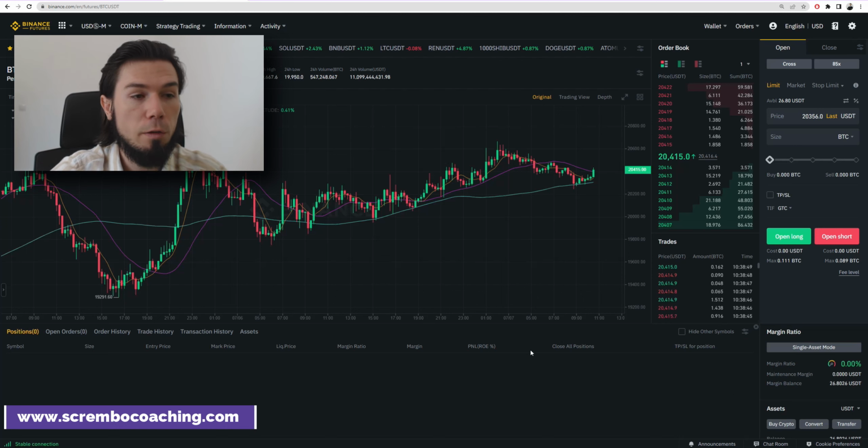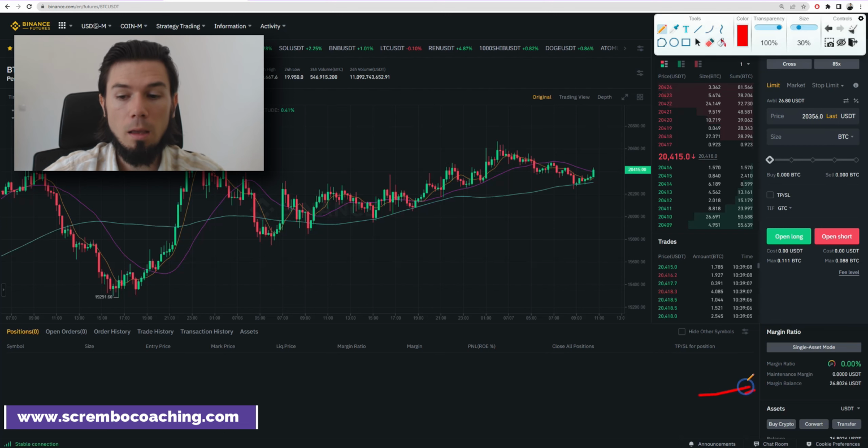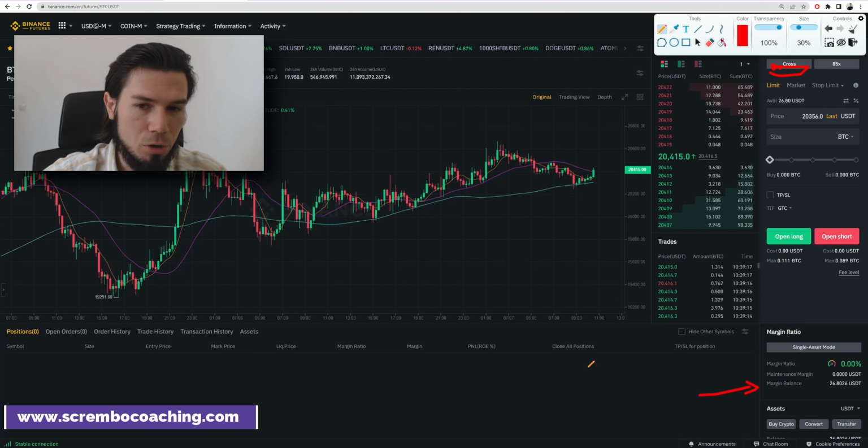If you're trading on isolated leverage, then not your whole margin balance will be wiped out, only whatever you dedicate and isolate out of the margin balance into that specific trade. That's the difference. Cross leverage considers your whole margin balance in the game, while isolated considers only that specific amount you dedicated.